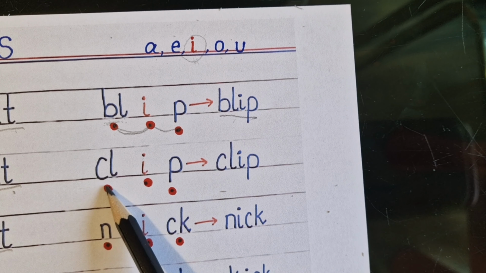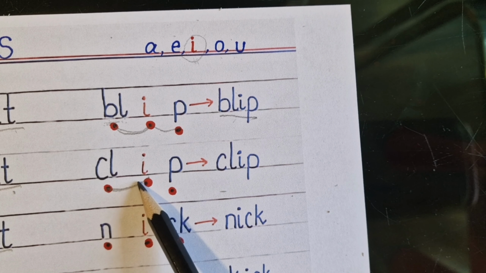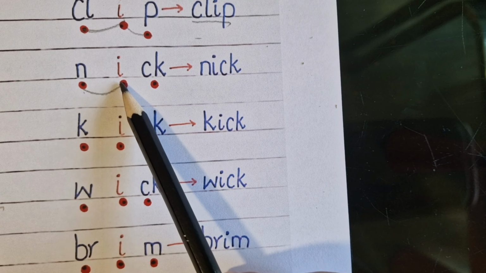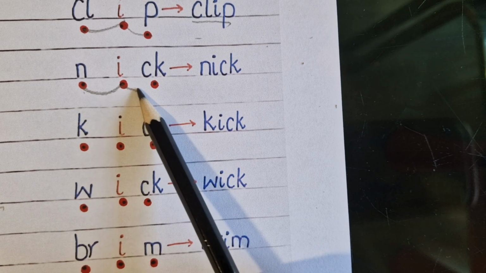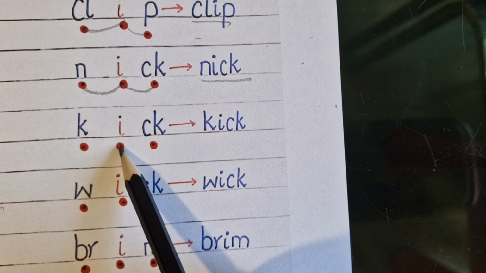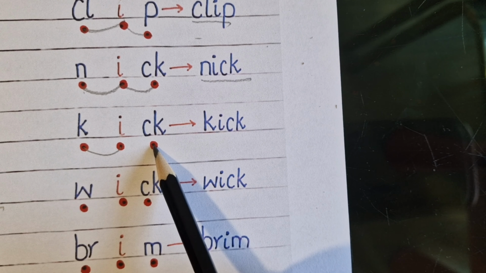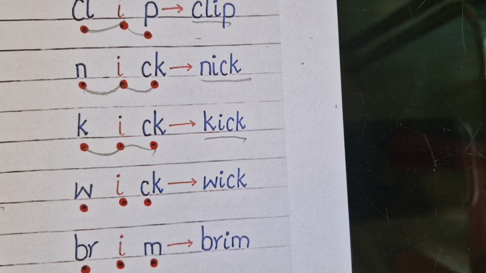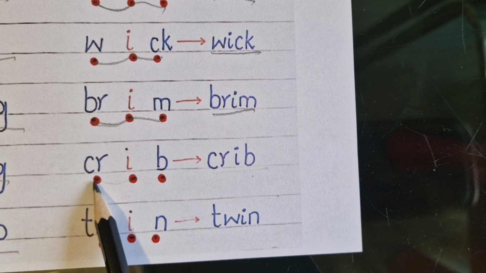Cl, i, p, clip. N, i, ck, nick. K, i, ck, kick. W, i, ck, wick. This is also a consonant blend.